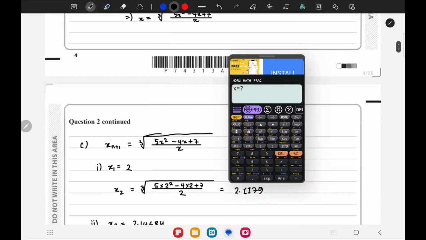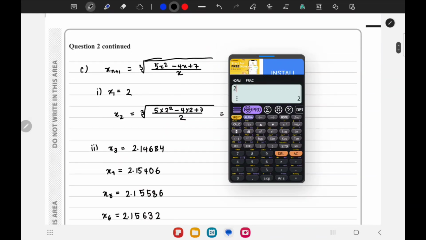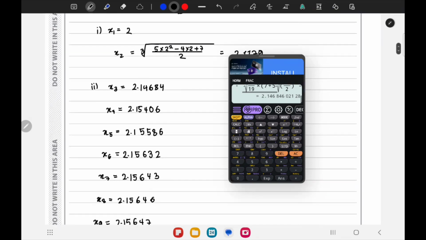The value of x initially was 2, so 2 will get the value. So then we calculate and then press the answer, then calculate. This is the value of x3, and we'll keep repeating this until this is x4.